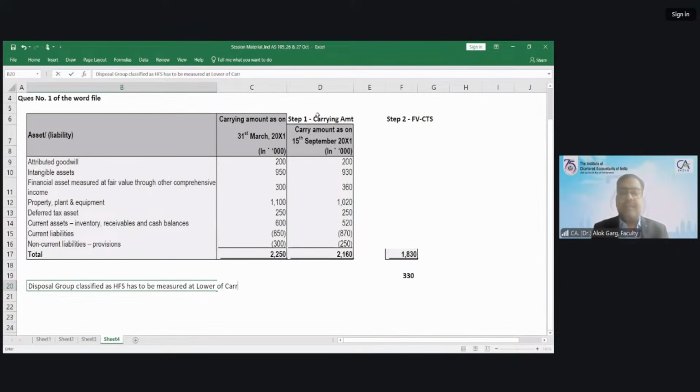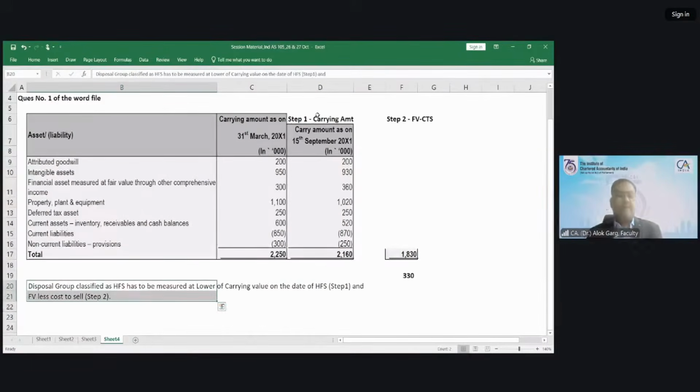The lower of carrying value on the date of held for sale and fair value less cost to sell, right? So let me write carrying value on the date of held for sale as step one, and fair value less cost to sell as step two.